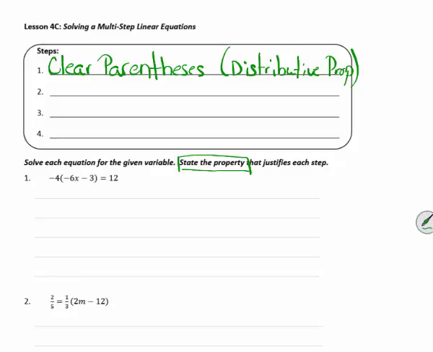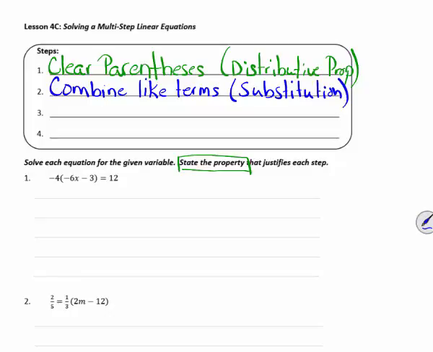Multiply what's on the outside by everything on the inside. Second step is to combine like terms. And that is a property that's called substitution, because I can take out or replace or substitute for anything that's equal.